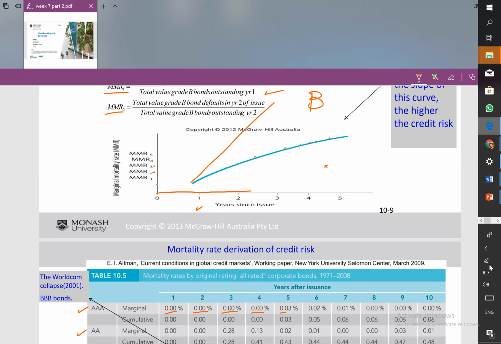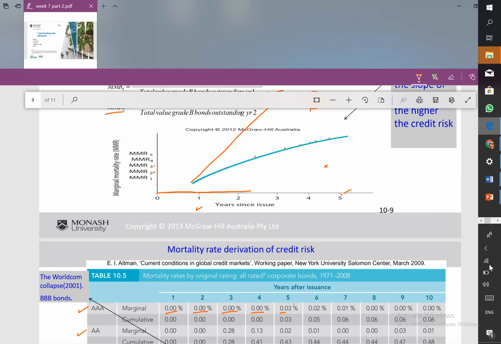Then it will increase, I think, in year 5. In year 5 it will just start here. A little bit, the curve will start to go up in year 5, the first point here, and then dropped.